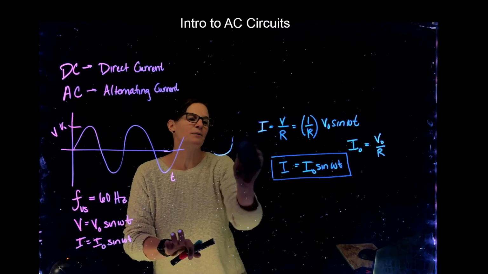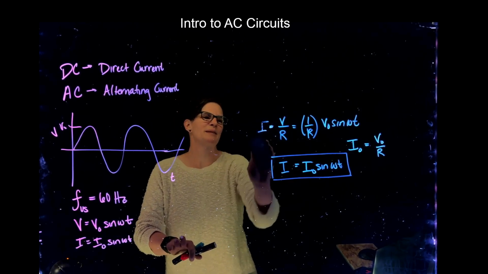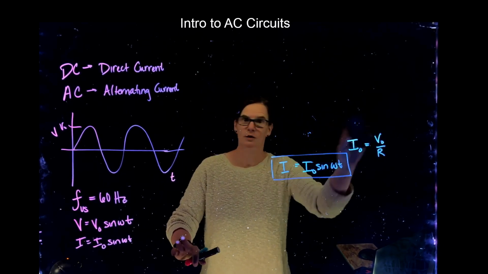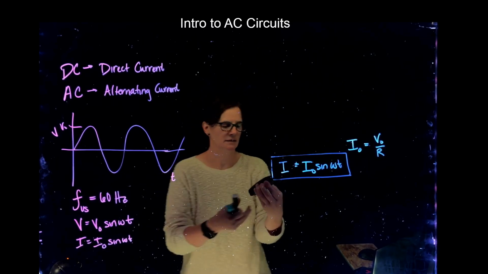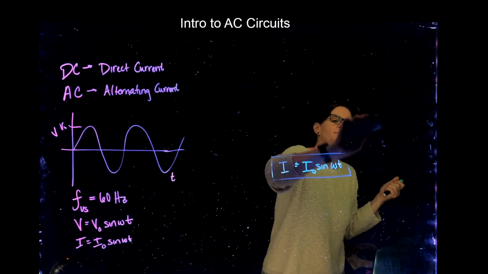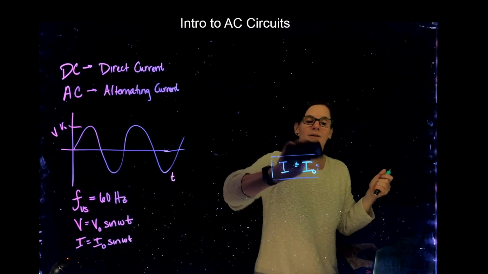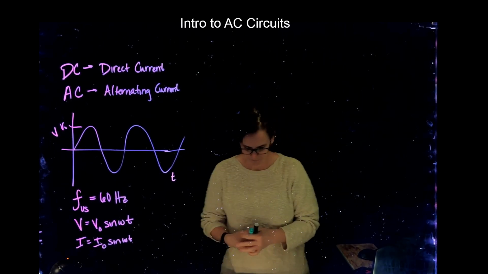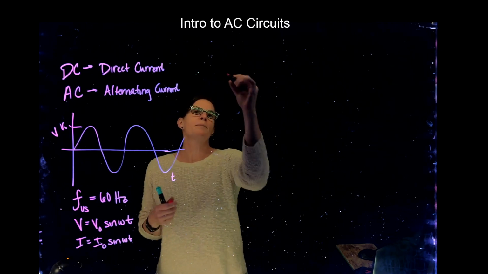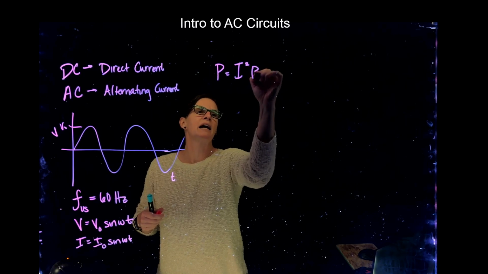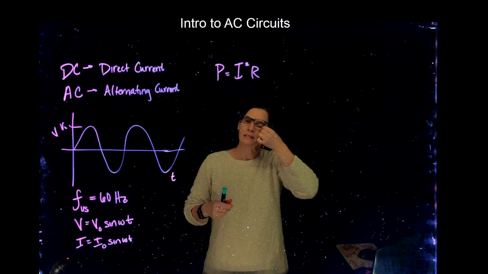To do that, we have to remember what the power relationship is. The power relates voltages and currents and resistors also, right? Using the ideas of Ohm's law and power being energy per time. Go back to that power video if you want to review the ideas about power. If I look at the power relationship as it relates to current, power is I squared times the resistance.